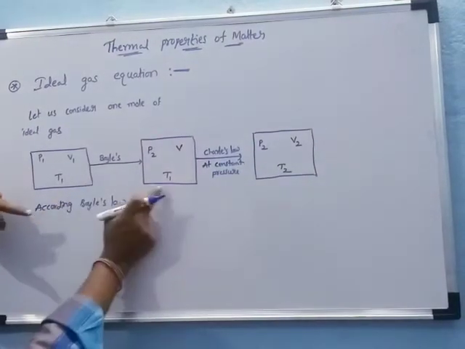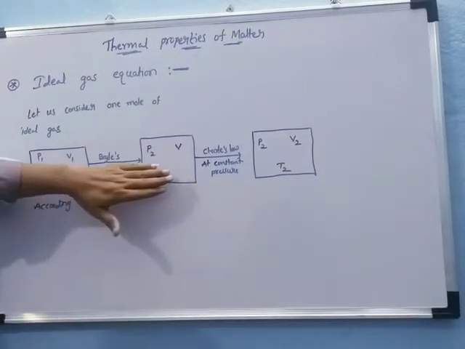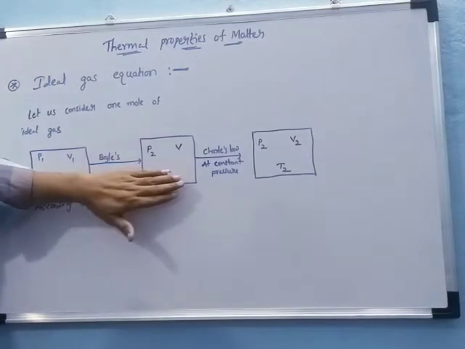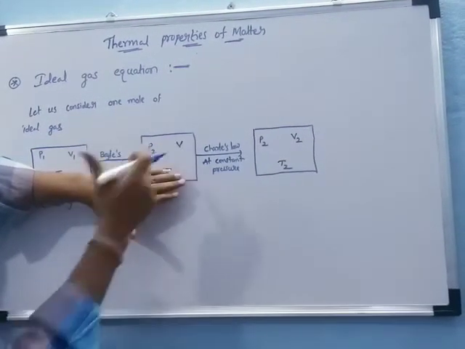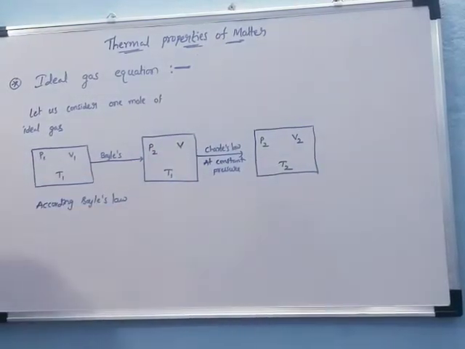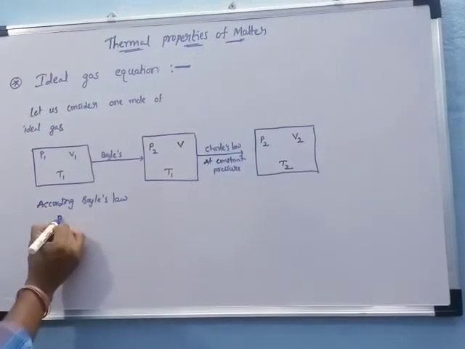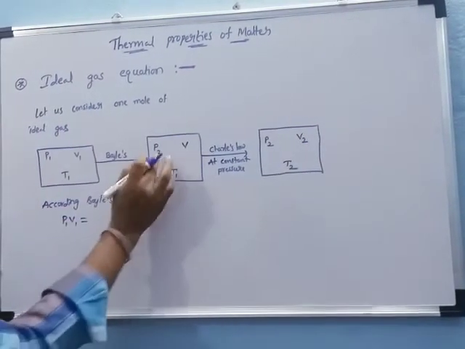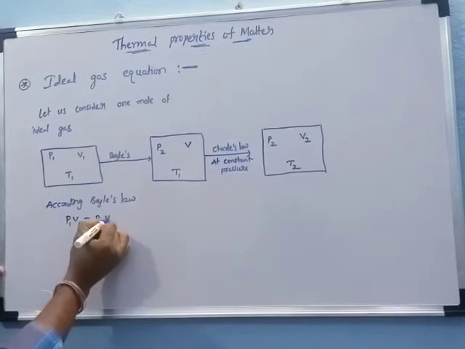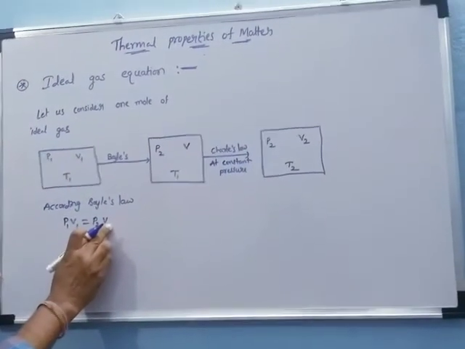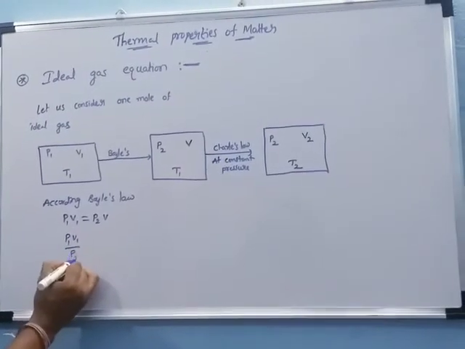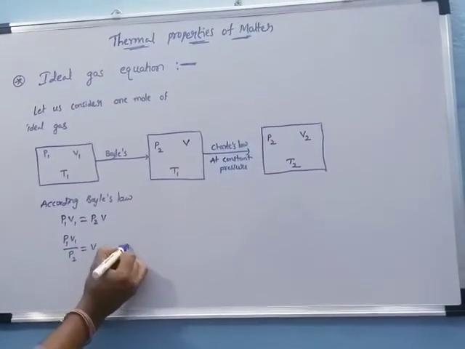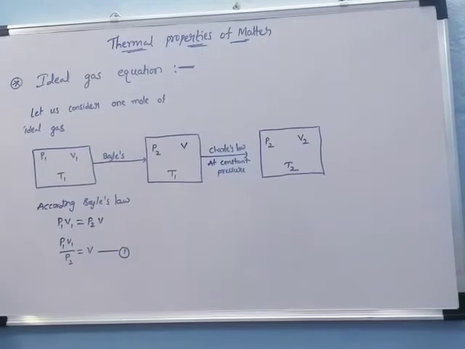Now apply this to the two processes. In the first process, the temperature is constant, so P1 V1 is equal to P2 into V. Taking P2 to this side, P1 V1 by P2 is equal to V. This is considered equation number 1.